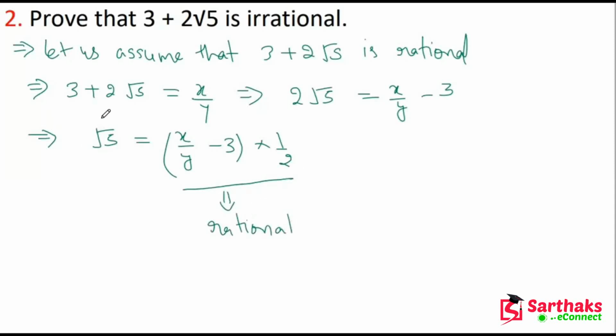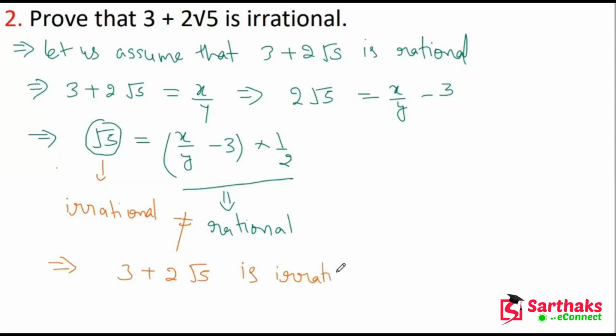We already proved that this is irrational, and irrational is never equal to rational. So it contradicts, and we can say that 3 plus 2 under root 5 is irrational. Hence proved. I hope you got this point.